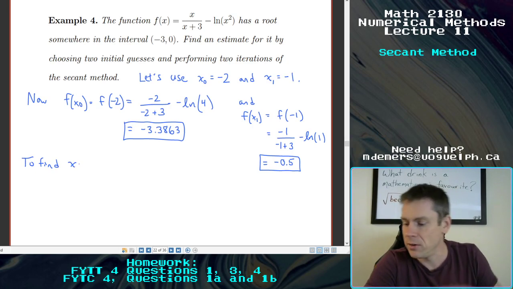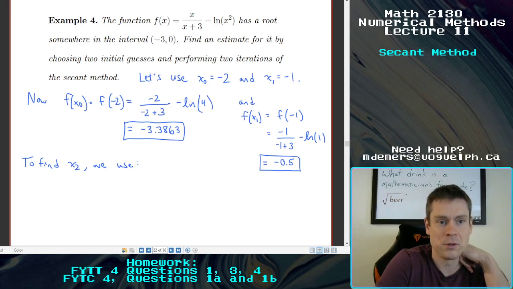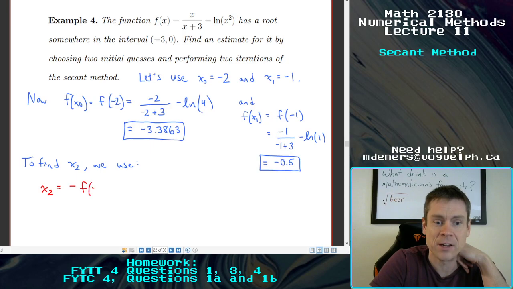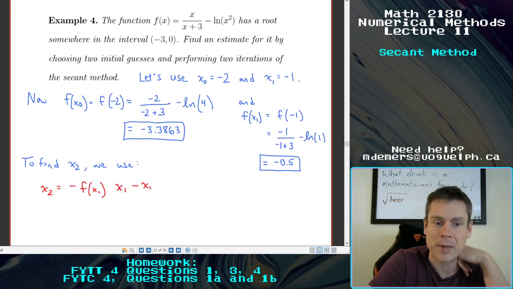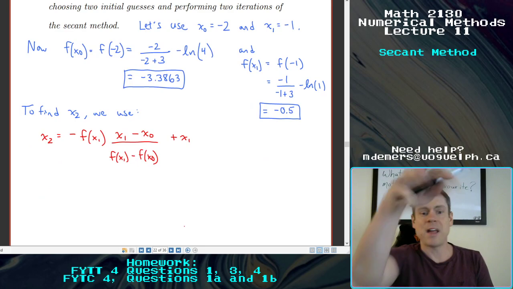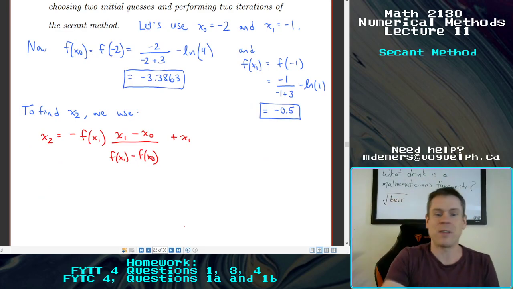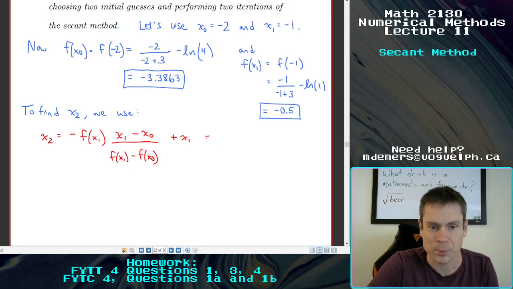To find x2, let's do the calculation here. x2 equals minus f of the one before it, and then times that ratio to give you the slope, x1 minus x0, over f of x1 minus f of x0, and then you add the previous x, just like this. So slot all of that stuff in. We have all this information, so not too surprising how this is going to come together.